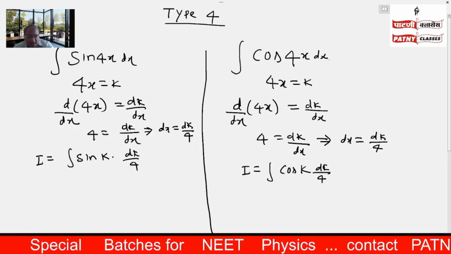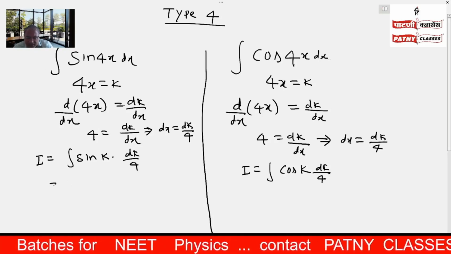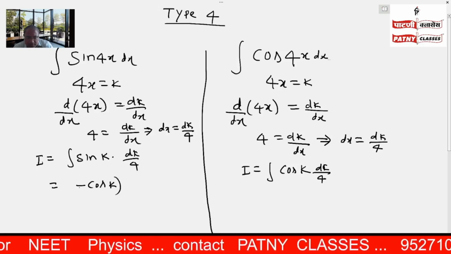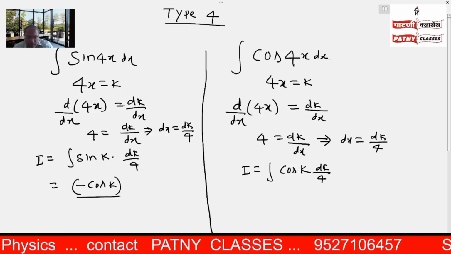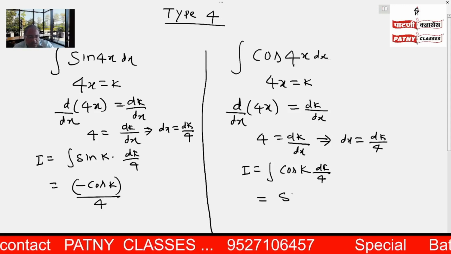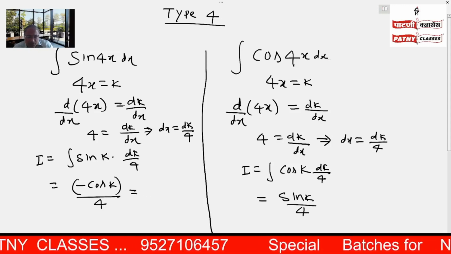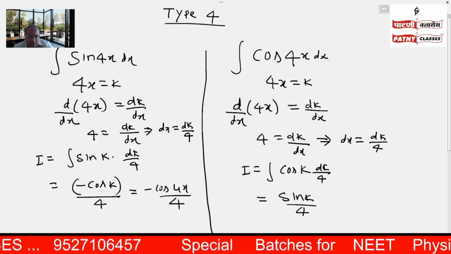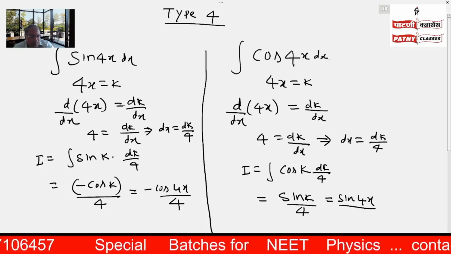We notice that till now the steps are same, only the function is different. Now sin k integration is minus cos k upon 4, and here cos k integration is sin k upon 4, and back substitution: minus cos 4x upon 4, and here sin 4x upon 4.